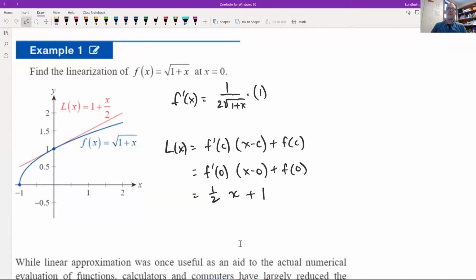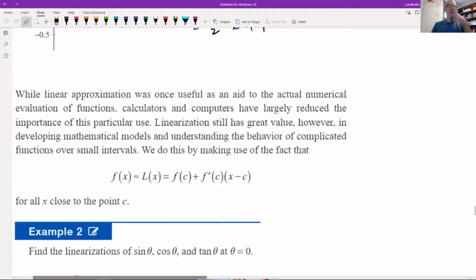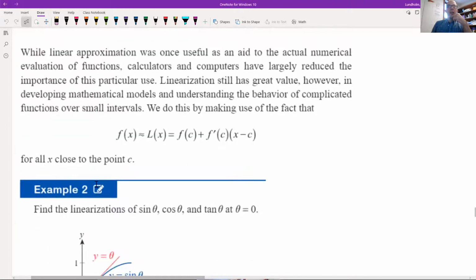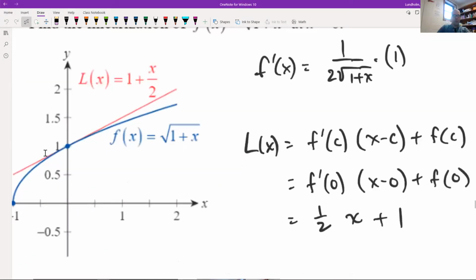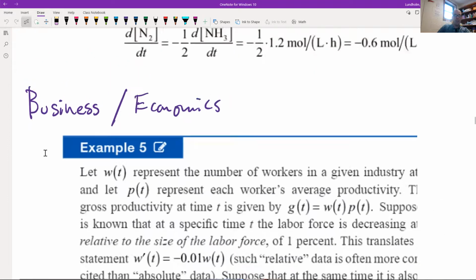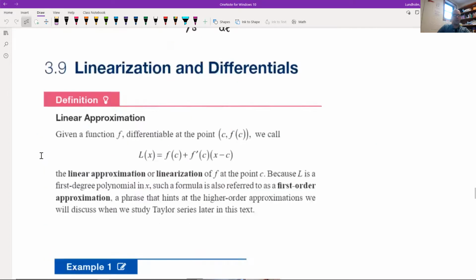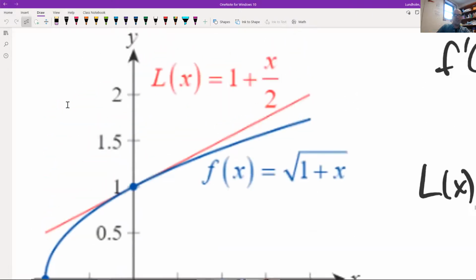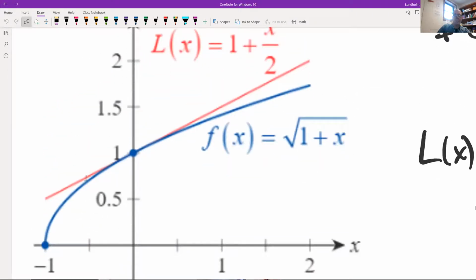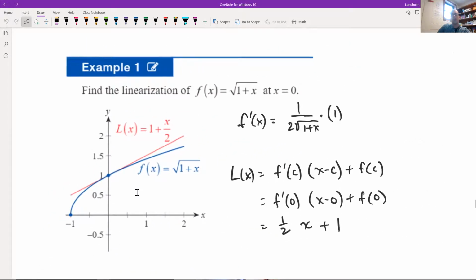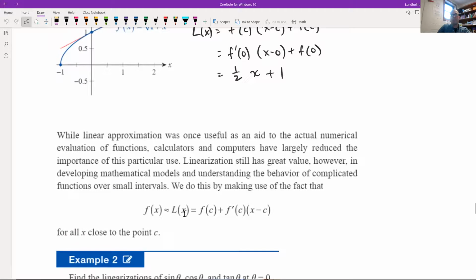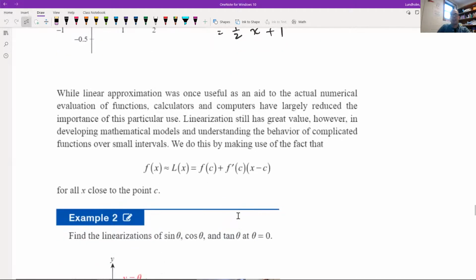Back to OneNote. All right. Just to give you a little bit of a sense, linearization, this process of finding a tangent line, can actually be really nice, because the closer that you zoom into a function, the more that it starts to look like a line. And so for local approximations, using linear functions is actually really useful.